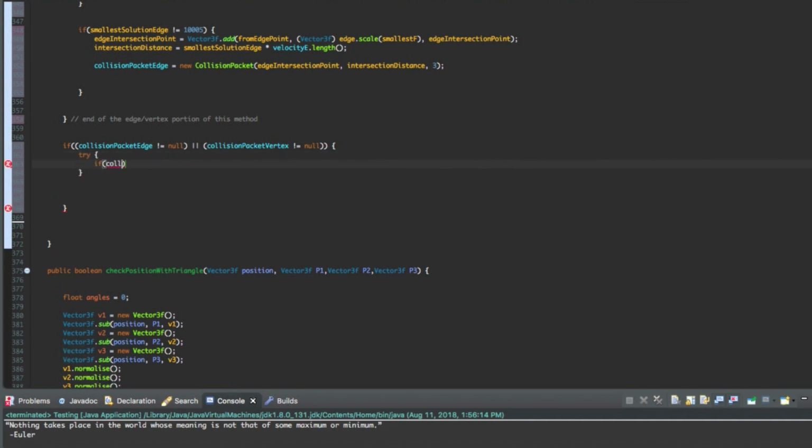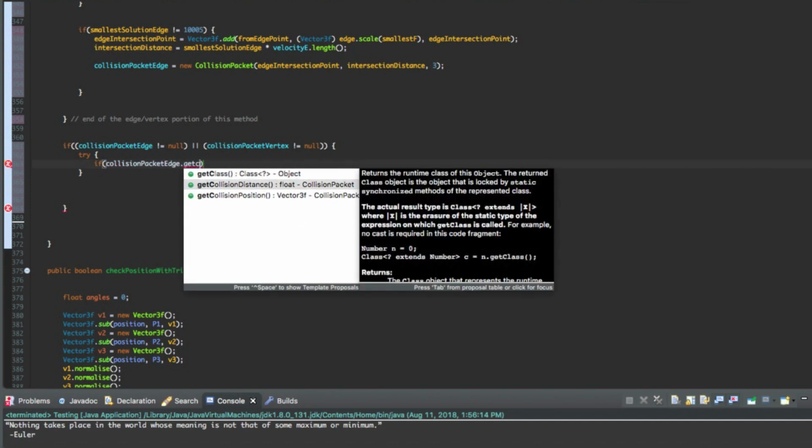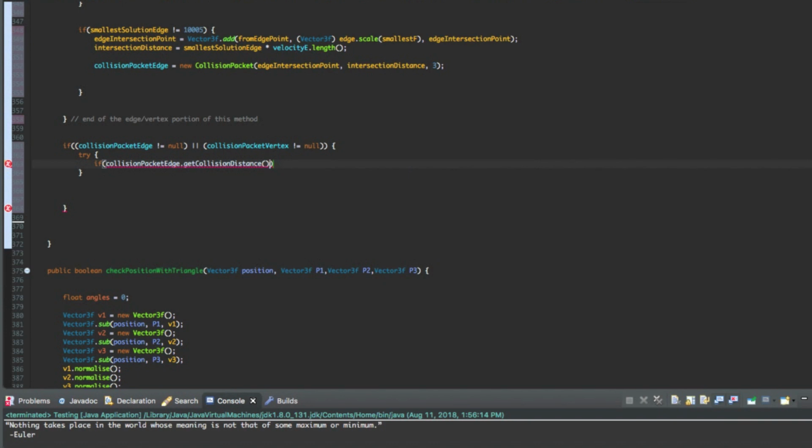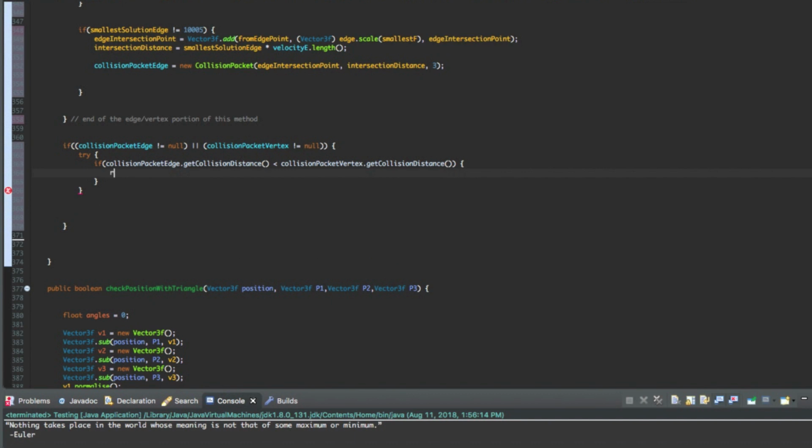If collision packet edge dot get collision distance is less than collision packet vertex dot get collision distance, then we can return the collision packet edge. And we'll try to catch that with a null pointer exception E.